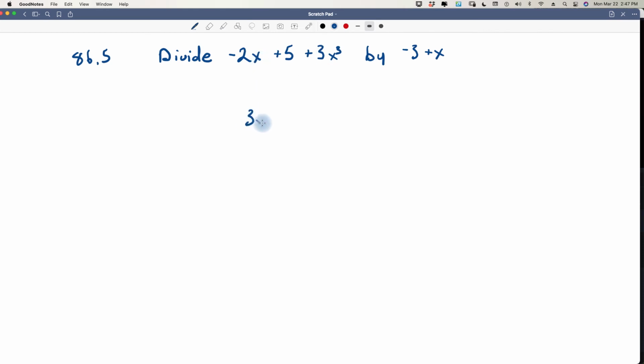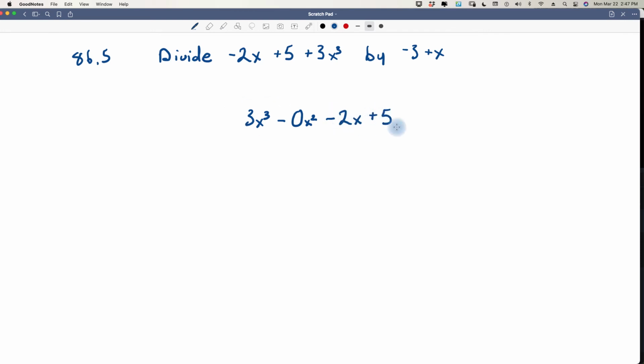So 3x cubed minus, we don't have an x squared, so we put 0x squared. We do that when we do not have that value, because we have to have an x squared. We do have an x to the 1, so we'll write that in, plus 5.